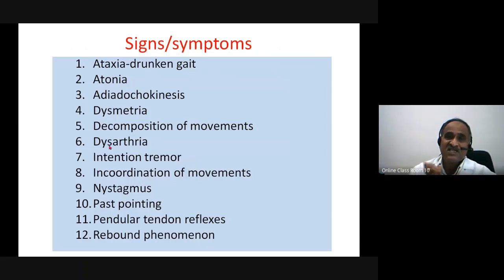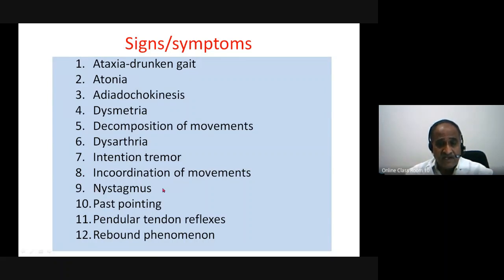Now, what are the signs and symptoms of cerebellar disorders? Here I have arranged these disorders in alphabetical order. Ataxia, atonia, adiadochokinesia: three A's. The next ones are dysmetria, decomposition of movement, dysarthria: the D's. Then comes intention tremor, incoordination.